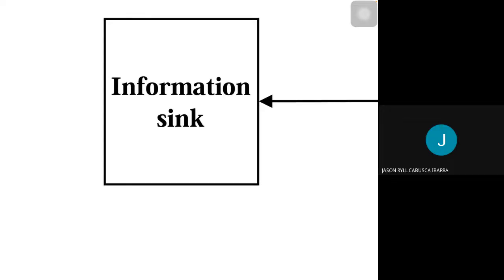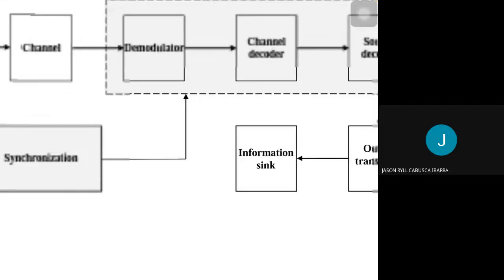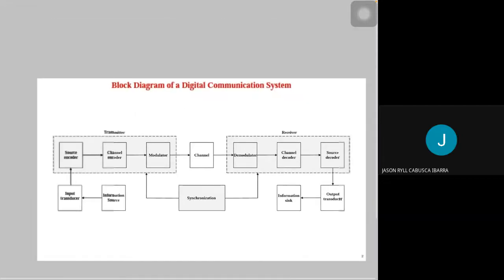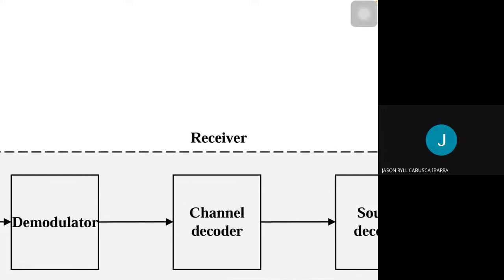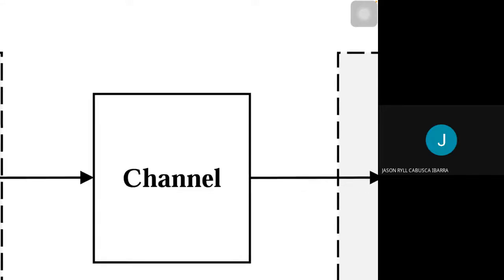Almost all of the time, this is a person, the same as the information source. Here is the transmitter, here is the receiver, and here is the communication channel.